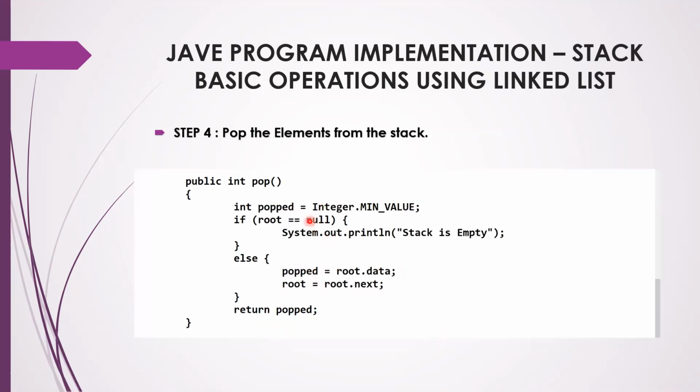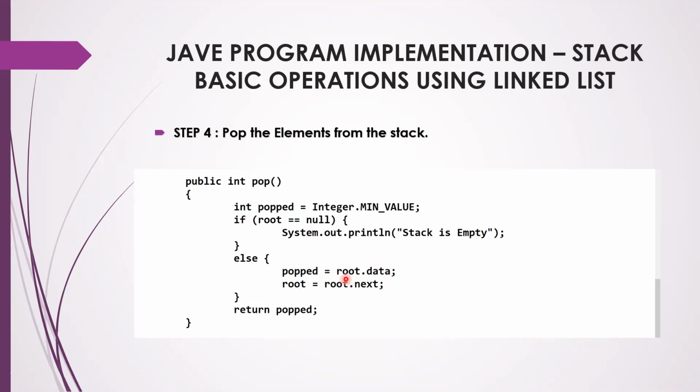For pop also, you have to check if root is equal to null, and if it is null, the stack is empty. Otherwise, root dot data will be popped out, and root dot next will be the root, right? Whatever is in the root value, that is root dot data, will be popped out, and whatever is in the next field of the root is the current root after the popping operation.